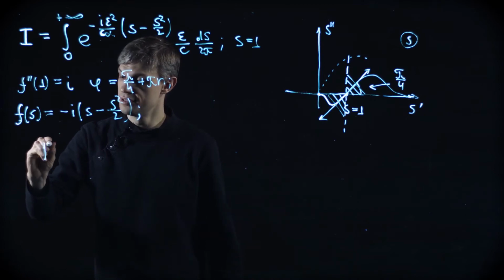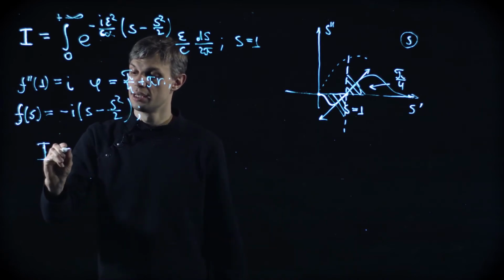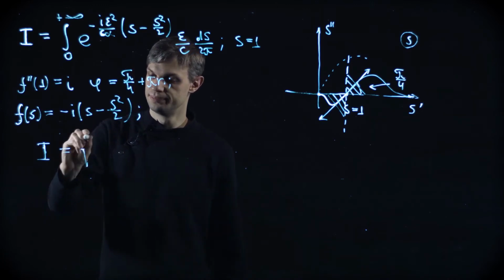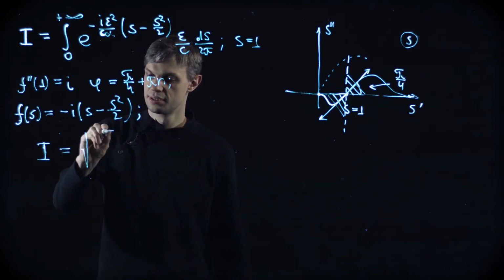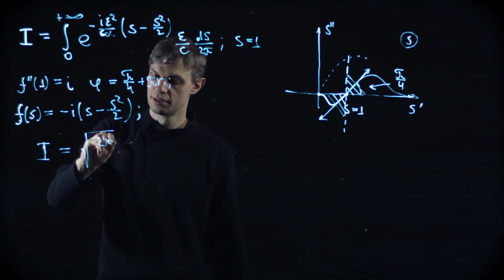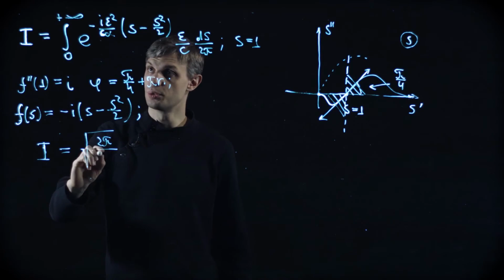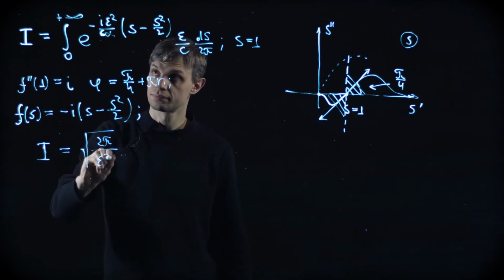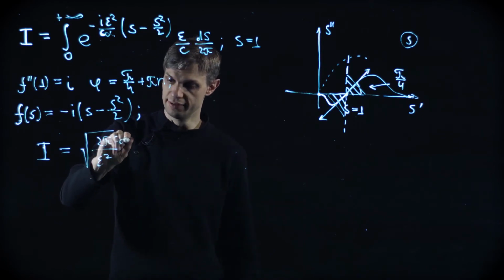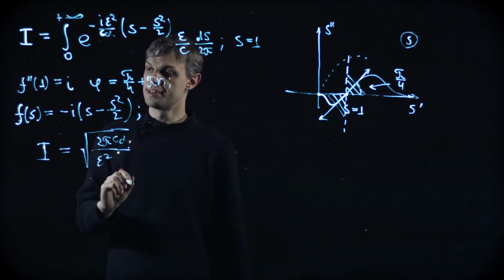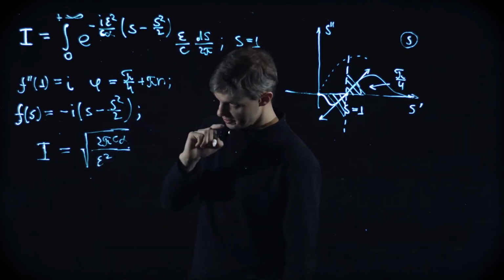So our first integral, I, is equal to square root of 2 pi divided by lambda, which is epsilon squared over c alpha, and times the principal exponential.